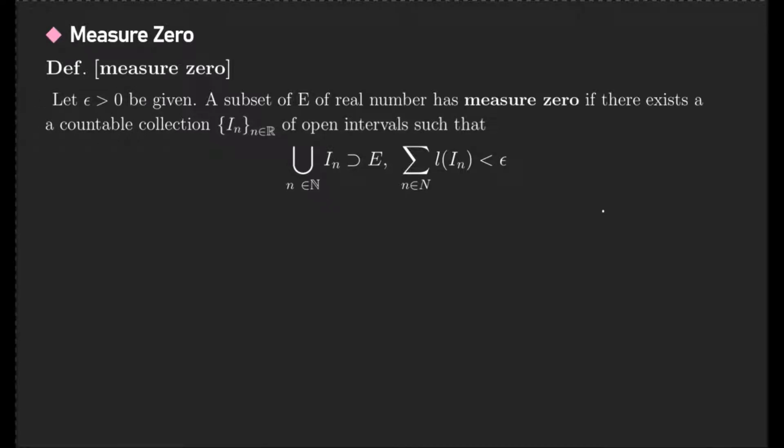So the definition of measure zero is here. Let epsilon be given, and let E be a subset of the real numbers.